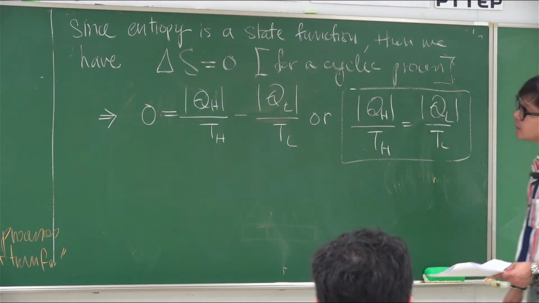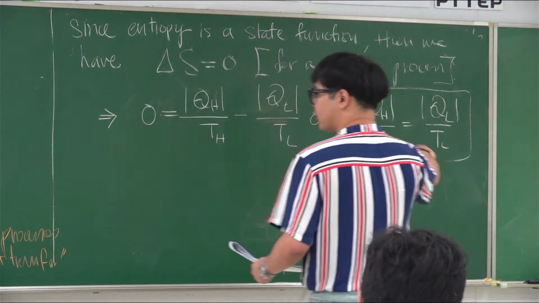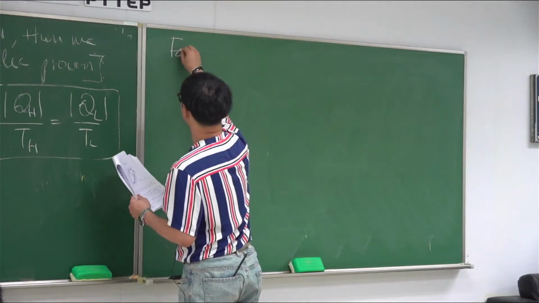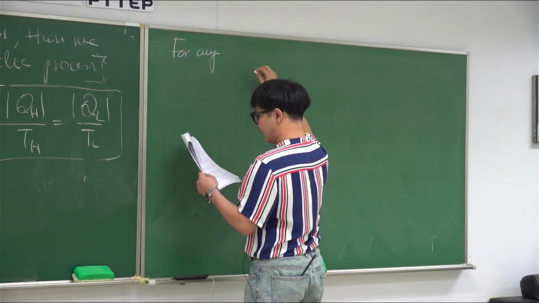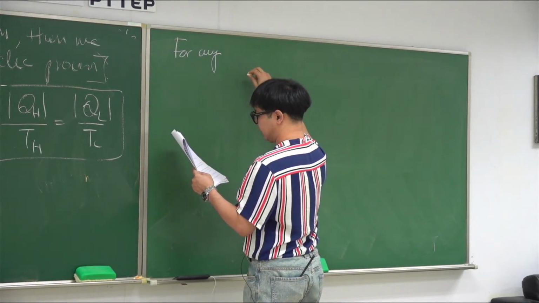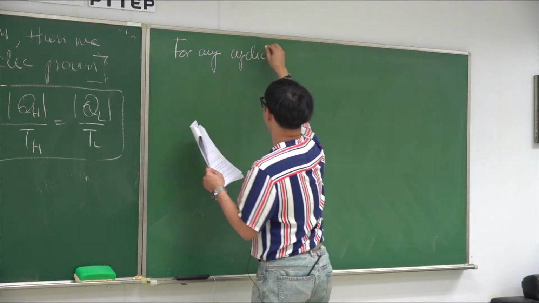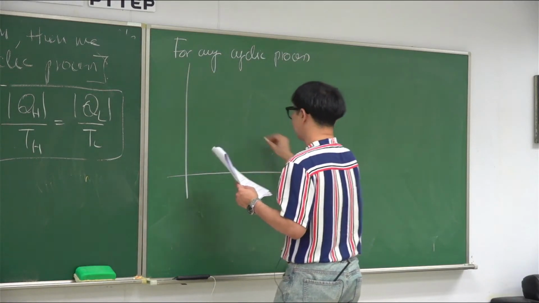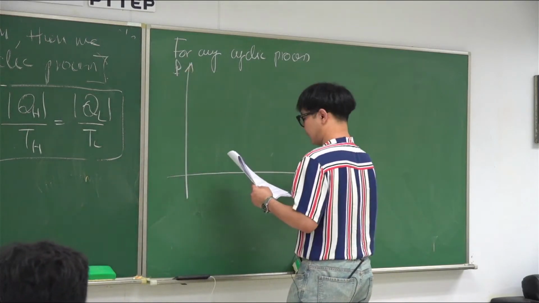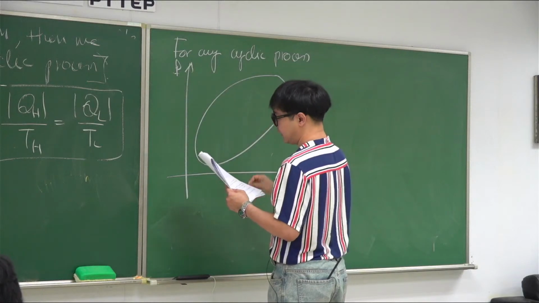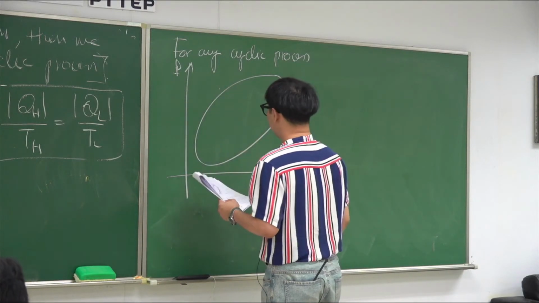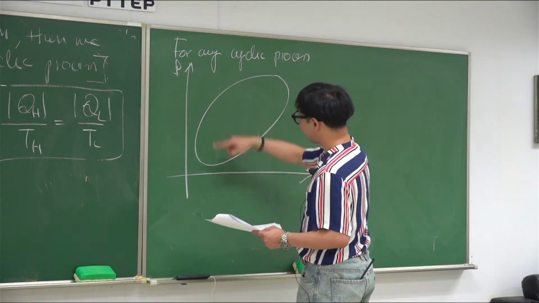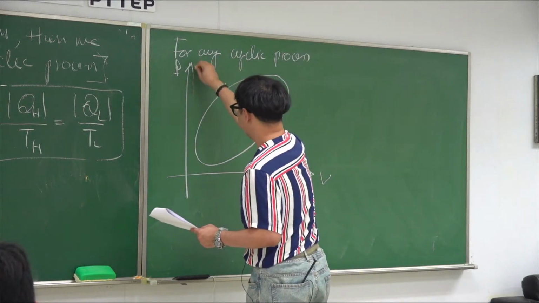Okay, so now we have this relation for that cyclic process. Then for any cyclic process like this, of course this is the cyclic one, and you can say that there are thermal lines, the isotherm lines actually.